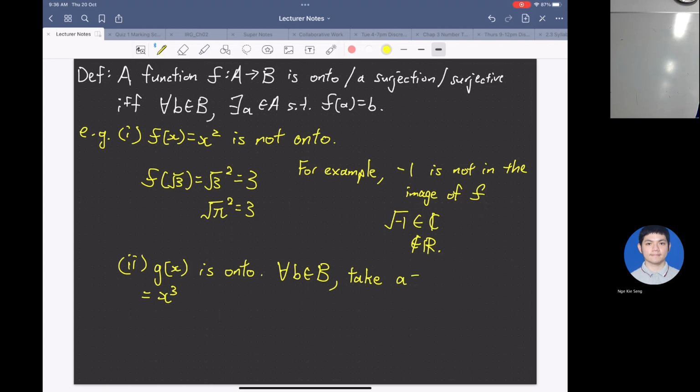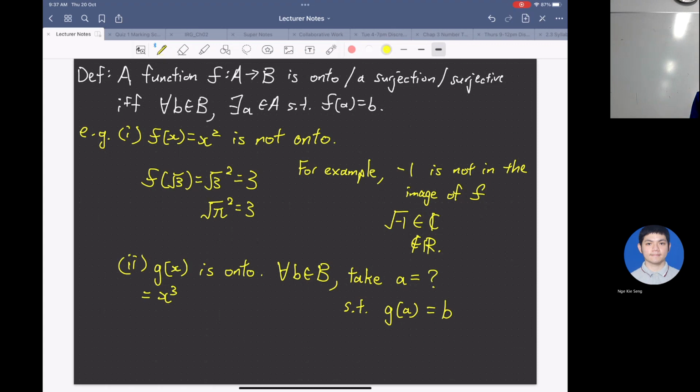Take a equal to 1, such that g(a) equals b. What a can we take?